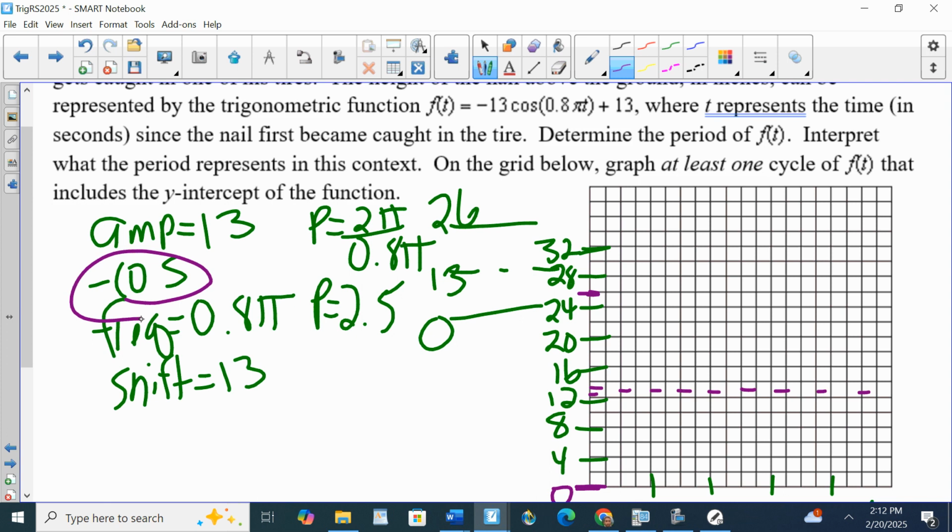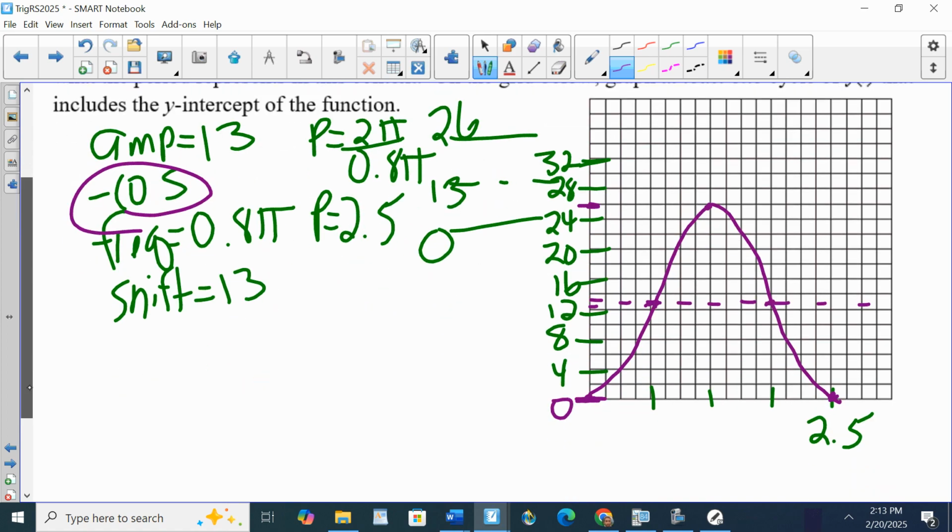So negative cosine is bottom, midline, top, midline, and bottom. Draw the curve. I labeled my period.